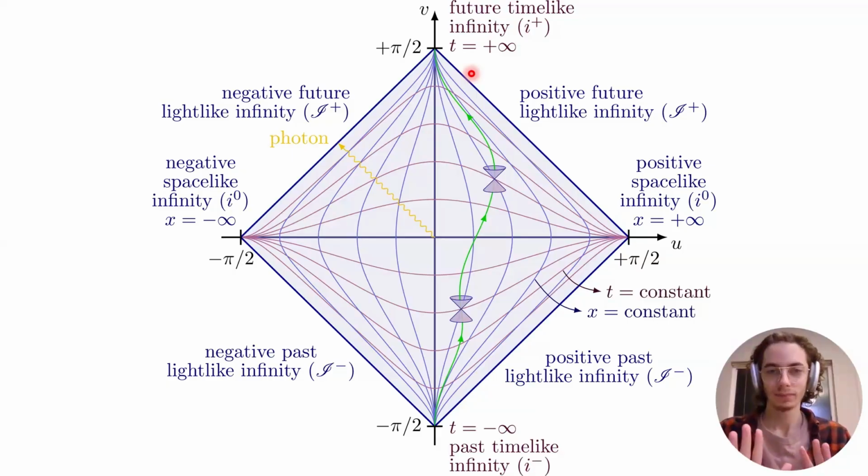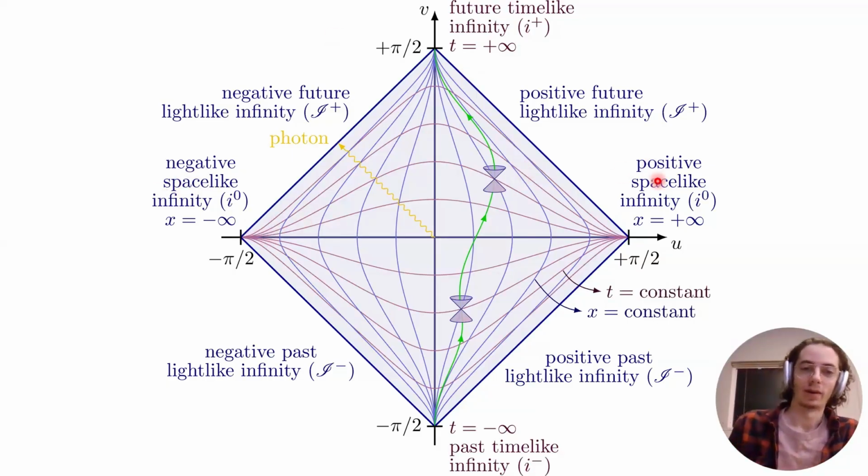But anyway, when it says negative and positive space-like infinity, that just means parts of the universe that are infinitely far away from you. You should also note that light cones move from each point, and the reason it looks like it has bending lines is because it goes to infinity.